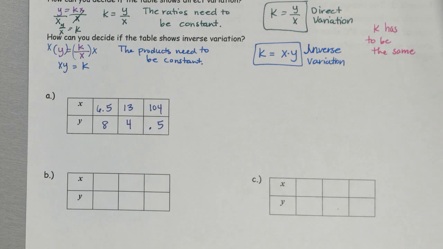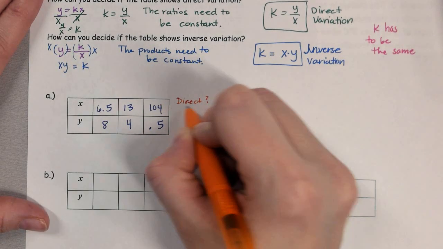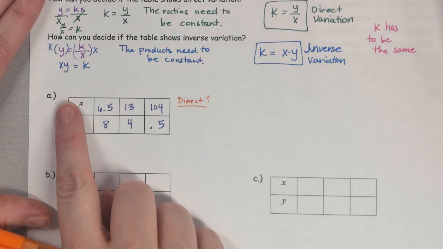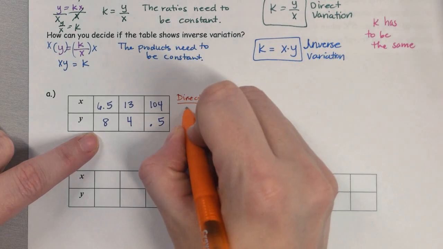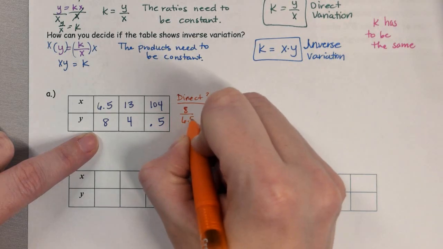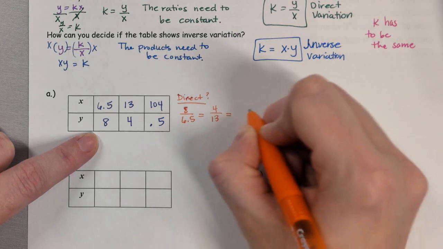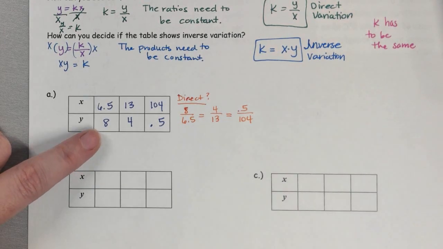No matter which one you do, you just have to show your work for that. So we're going to check and see if it's direct. If it's direct, y divided by x should be the same for all of these. That means 8 over 6.5 would be equal to 4 over 13, and that would be equal to 0.5 over 104.